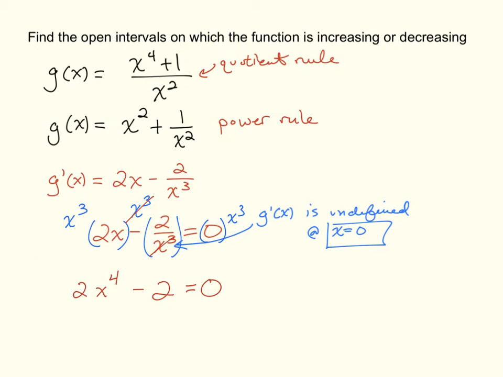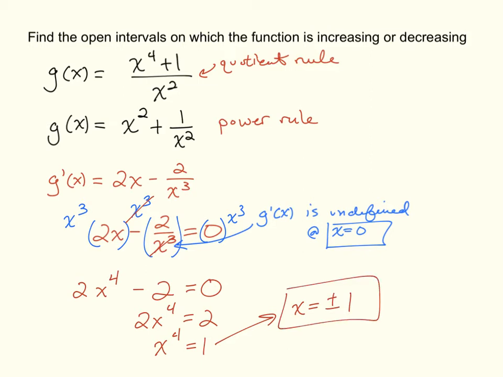The next thing we can do is add 2 to both sides and then divide both sides by 2 to get x to the fourth equaling 1. And what this tells us is that x equals plus or minus 1. So we have critical values plus and minus 1 and critical value x equal to 0.